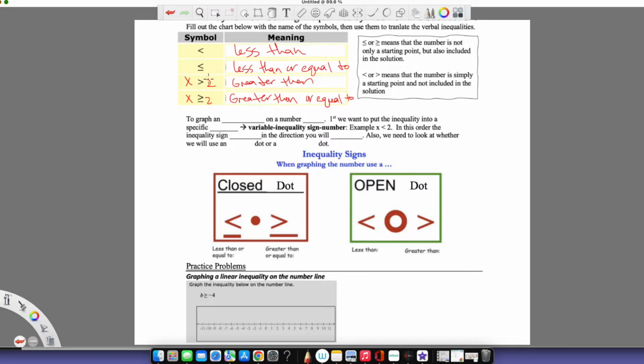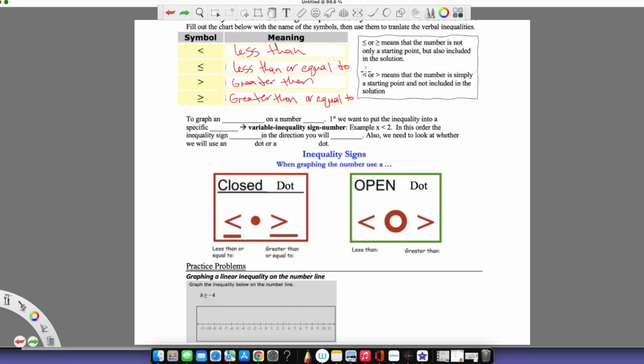It's a starting point. It needs to be greater than 2, so anything bigger than 2 is included in the answer. With x is greater than or equal to 2, 2 is included. So 2 is not just a starting point, it's also included. That's definitely a big distinction. We need to make sure we're paying attention to whether or not there's that little equal to sign under it.